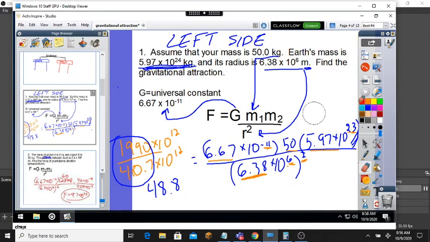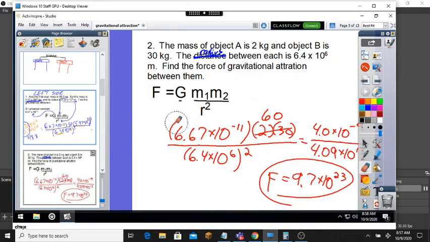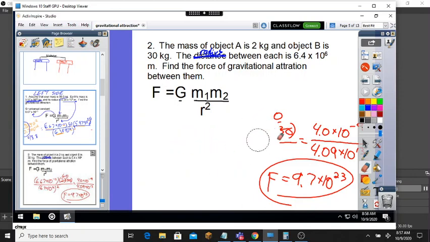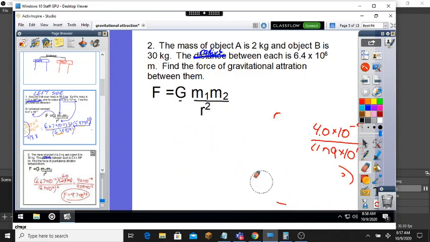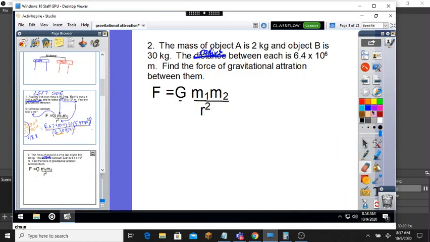Okay, let's go to the next example. So here we are. Let me erase this so that we can see how the numbers fit in. So remember, G is always going to be this number. And notice here they're giving us a mass of 2 and another mass.